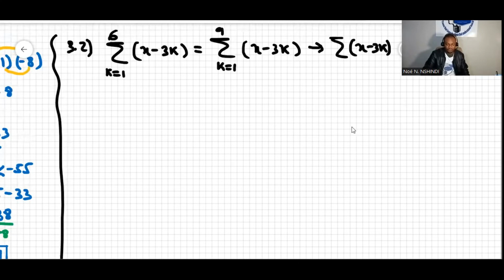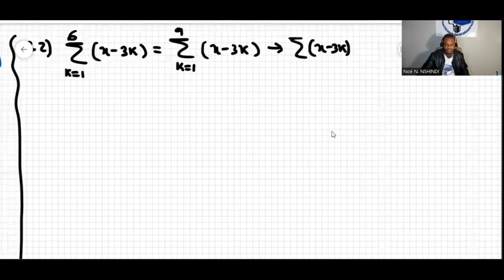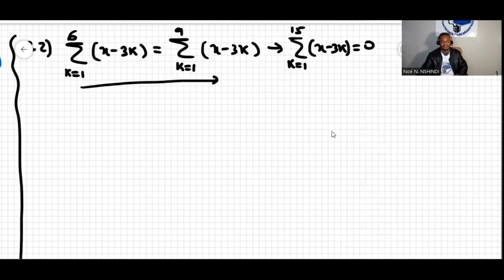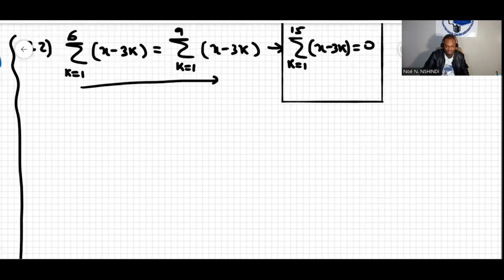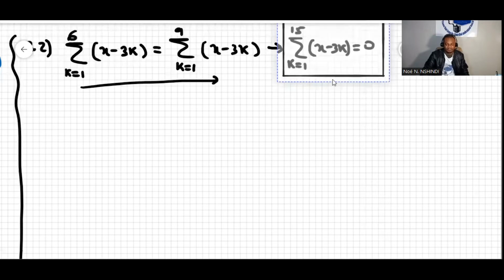So we need to prove that the sum here, k starting from 1 to 15 equal to 0. So if this is true, then this part here equal to 0. That's what the question means. We need to prove that this part is equal to 0. Okay, how can we do that?